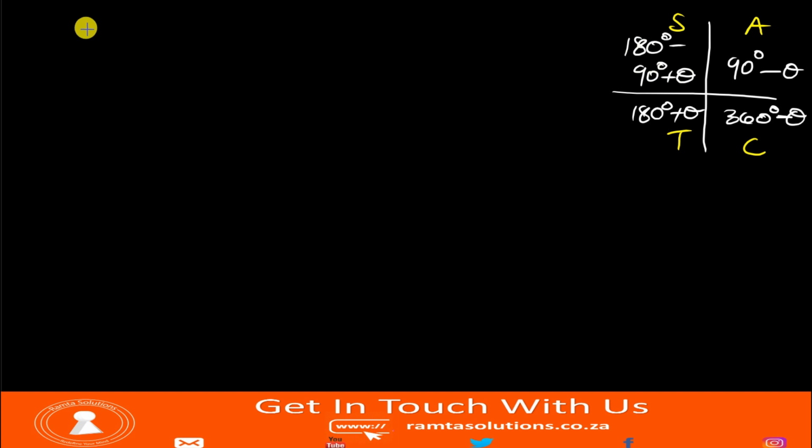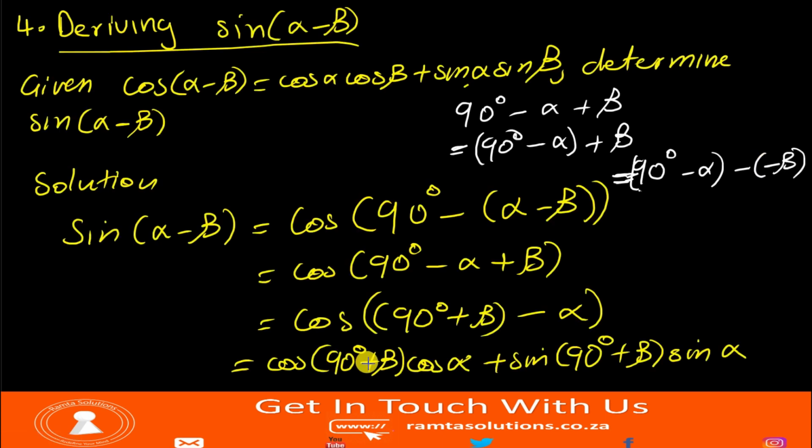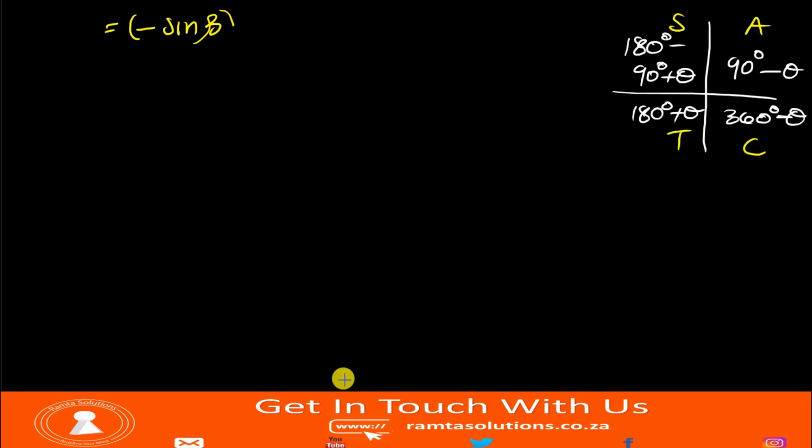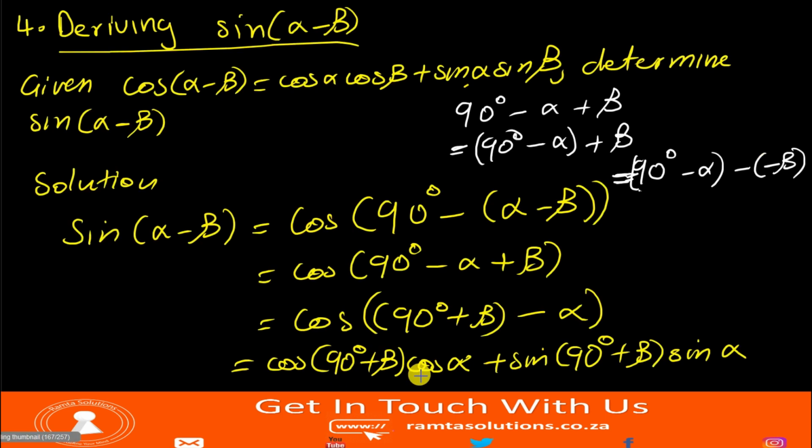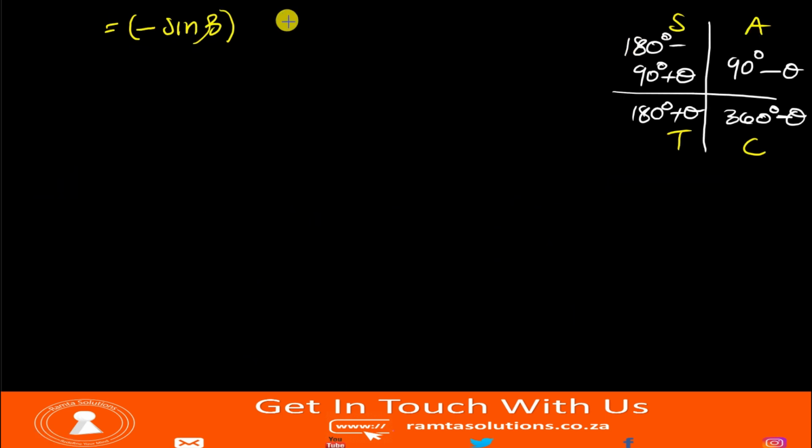Okay, so proceeding. Cosine in the 90 plus quadrant is negative. So it'll be, hold on, this is 90 degrees. So cosine will change to sine. So it'll be negative sine beta. And then what do we have? Cos alpha, we leave it as it is.